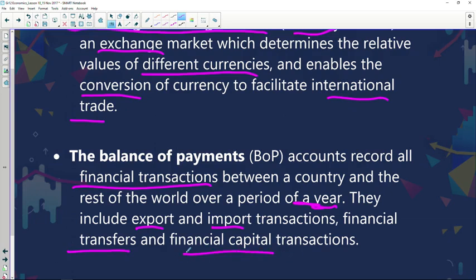So it is important that a country keeps record of all its transactions with other countries. It's good for a country so that they can report back. And also when they are looking at economic growth, they can see how international trade has contributed towards economic growth.